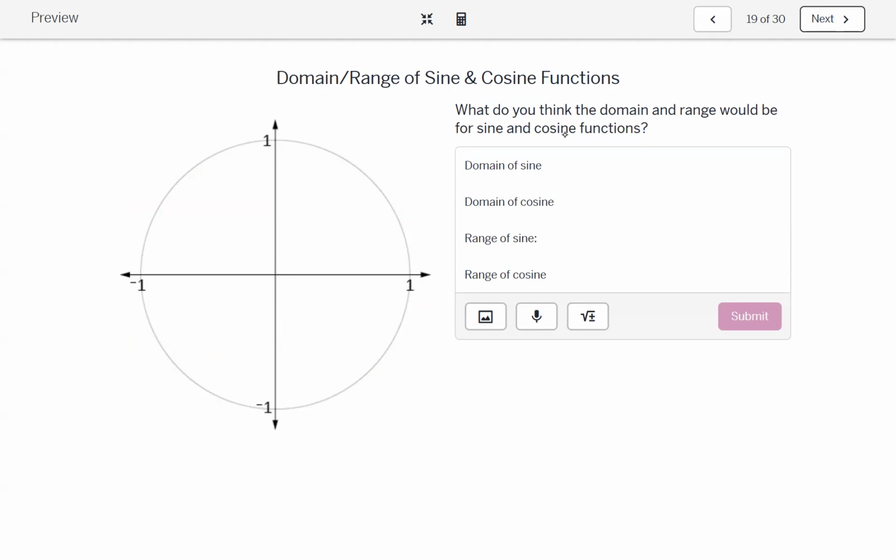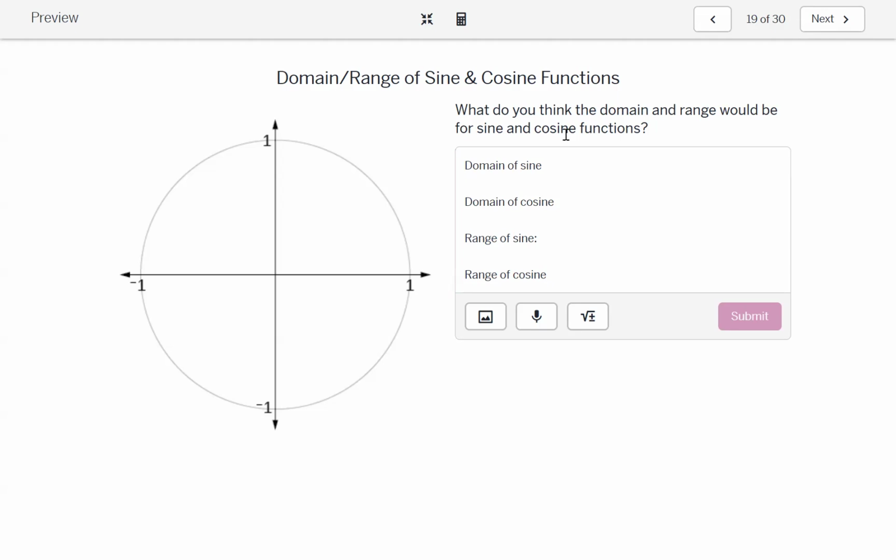Okay, so this particular slide, we don't really need this information until we start looking at the graphs after this next exam, but it doesn't hurt to think about it right now. So when I'm thinking about the domain, those are the inputs for sine or the inputs for cosine.